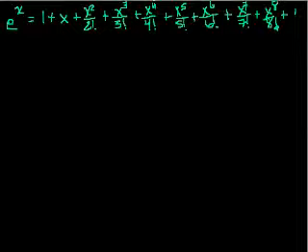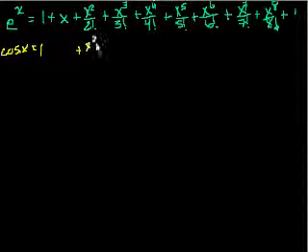Fair enough. Well, what was the Maclaurin series representation of cosine of x? Well, I'm going to space them out a little in a certain way, and I think you'll see why. It equaled 1 minus x squared over 2 factorial, right?